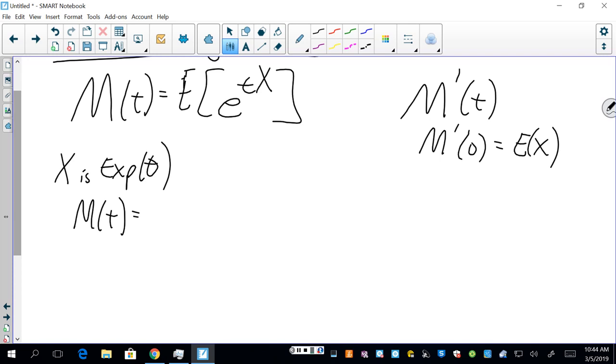Well, we can take this function e to the tx times the density. So 1 over theta e to the negative x over theta. And integrate that from 0 to infinity dx. So if we work out what that integral equals, it will give us this moment generating function.